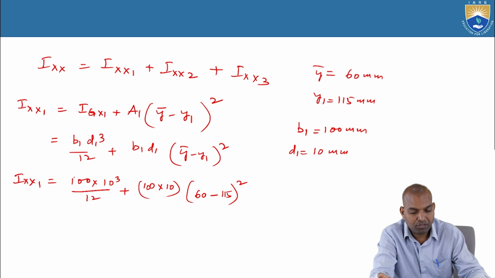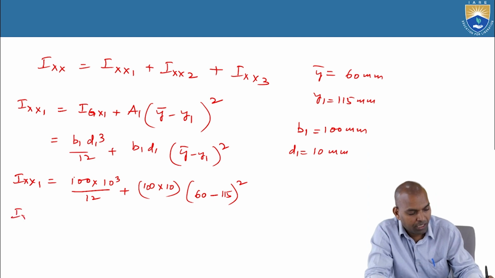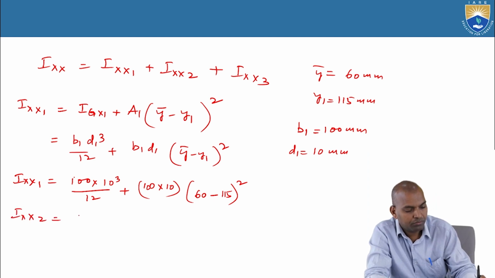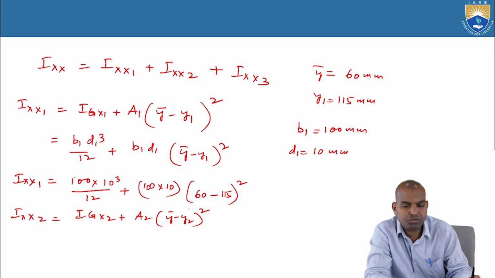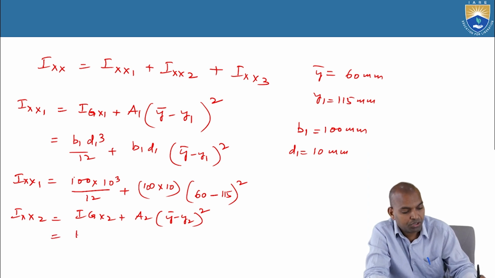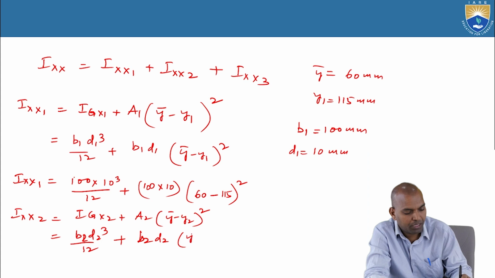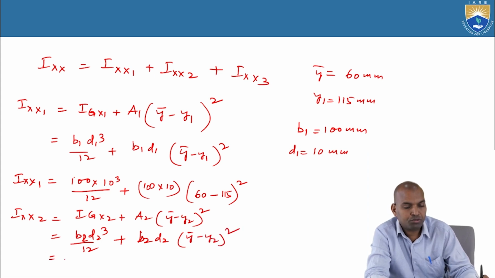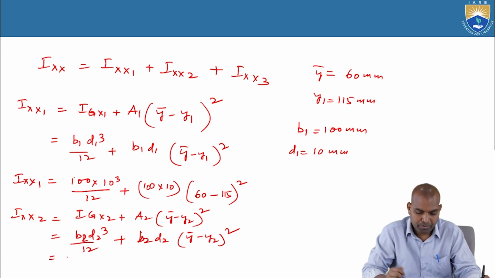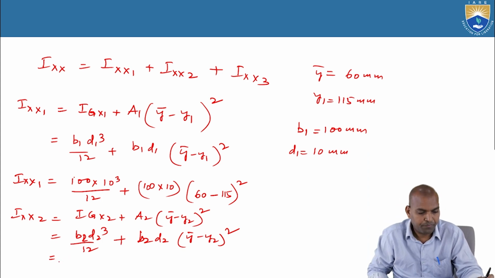What about how to calculate Ixx2? Again, Ixx2 equal to Igx2 plus A2 times bar y minus y2 whole square. Igx2 is b2 d2 cube by 12 plus A2, b2 d2 times bar y minus y2 whole square. What is b2 d2 cube by 12? b2, if you go back, what is the width of b2?